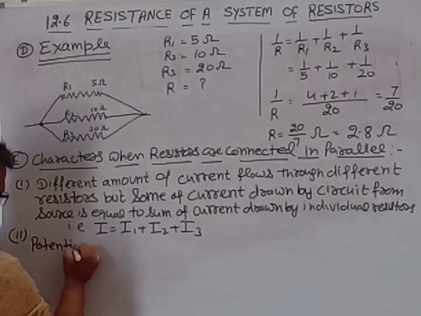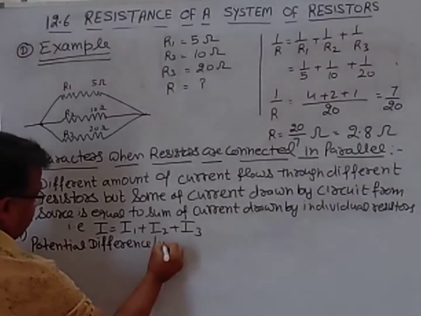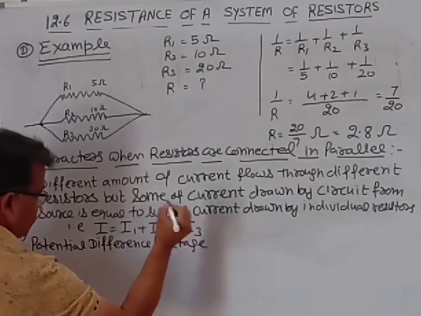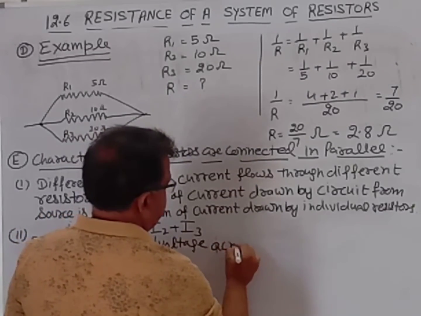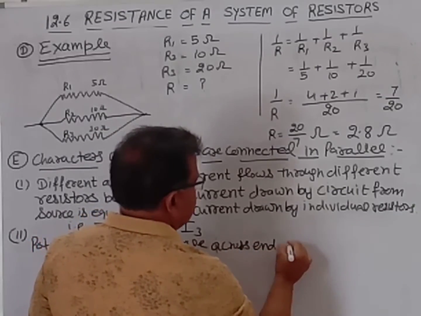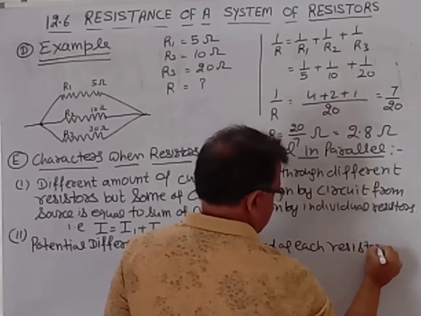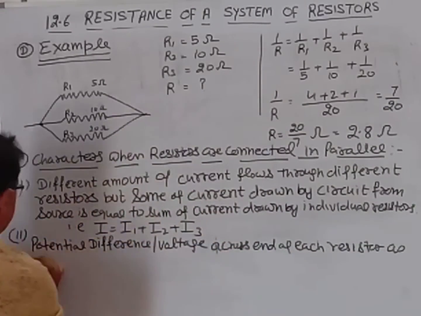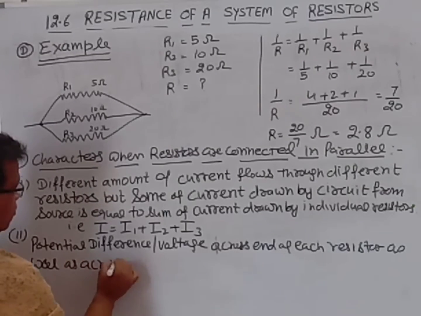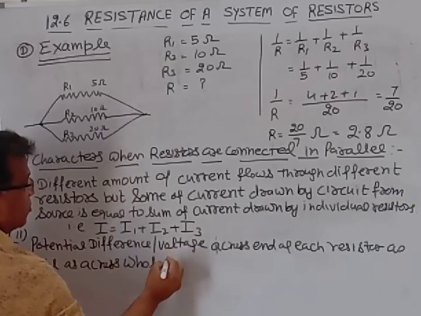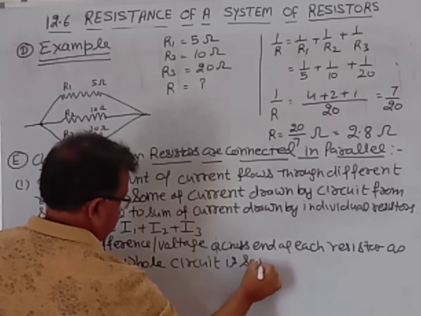The potential difference, which is also known as voltage, across the ends of each resistor as well as across the whole circuit is the same.